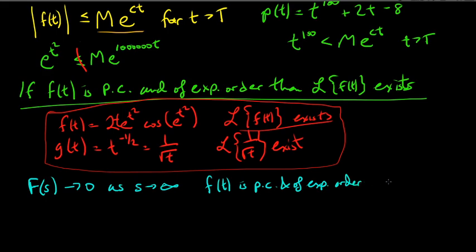Remember, that guarantees the Laplace transform. I should say then, the Laplace transform approaches 0 in the limit as s goes to infinity. All right, so I think that's it for the properties. Maybe we'll do one more example, just using the definition, and then we'll move on to bigger and better things.